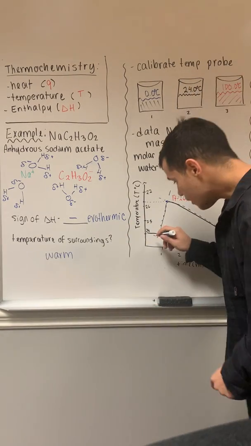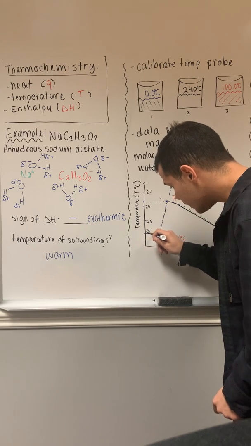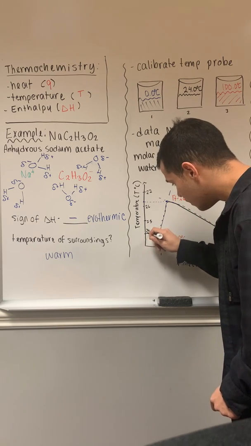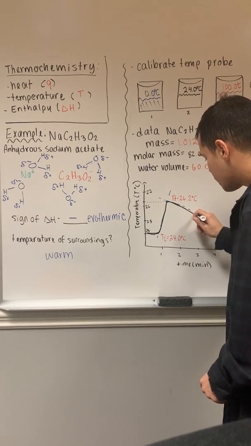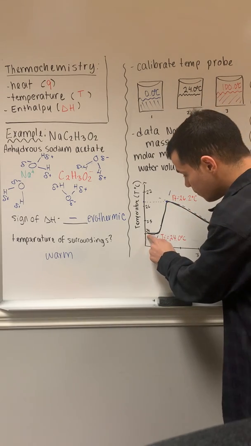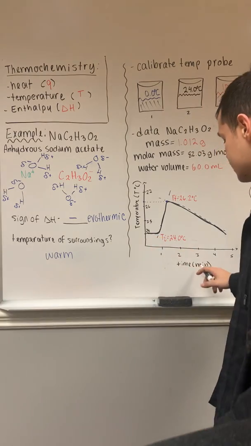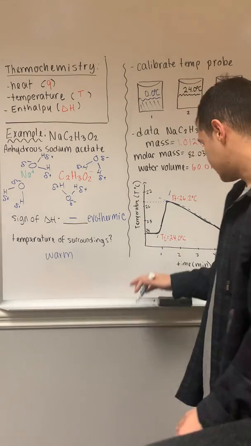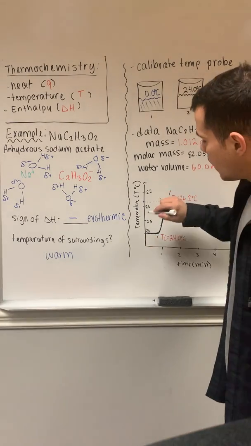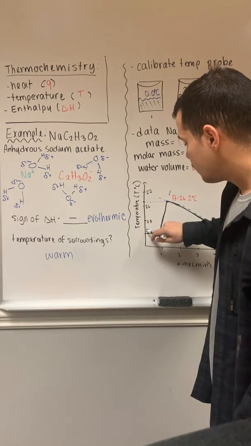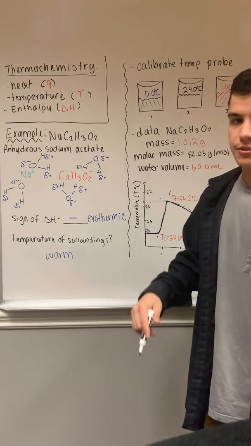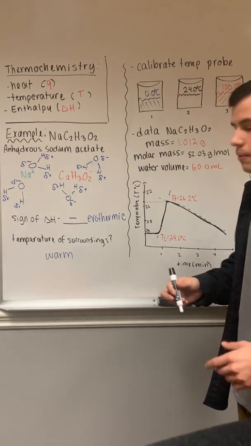So this right here is what my data look like. The x-axis is time, in minutes, and it took about 5 minutes. On the y-axis is the temperature, and it goes from 24, 25, 26, 27 degrees Celsius, just to put it to scale.